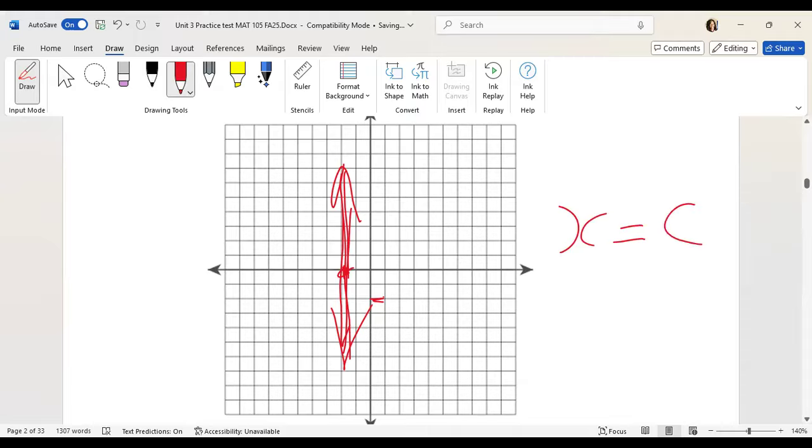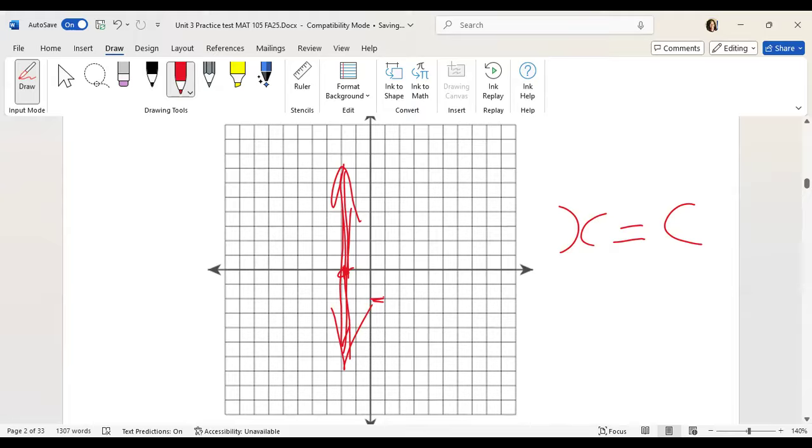And whenever you have a vertical line, let's try and find the slope of this line. Remember, if I rewrite this equation, it's a vertical line anyway. So the slope of any vertical line is undefined. But how do we know it's undefined? Well, let's rewrite the equation if we want to.